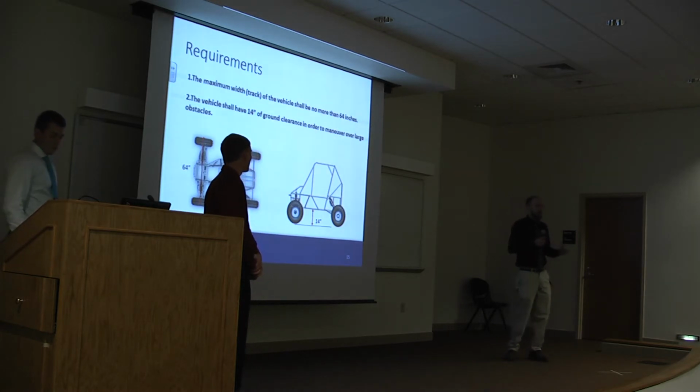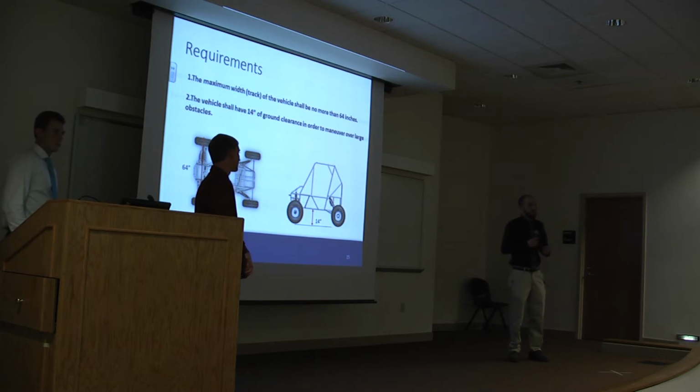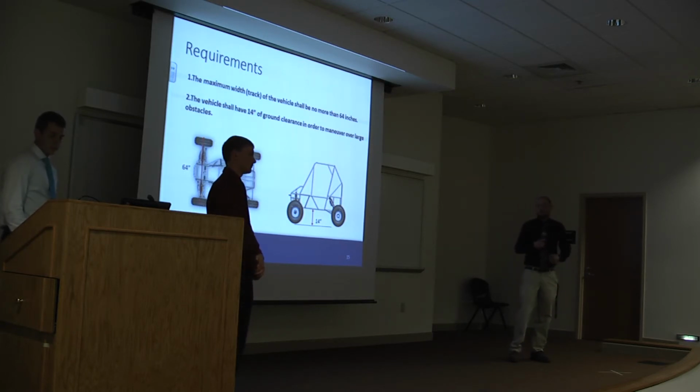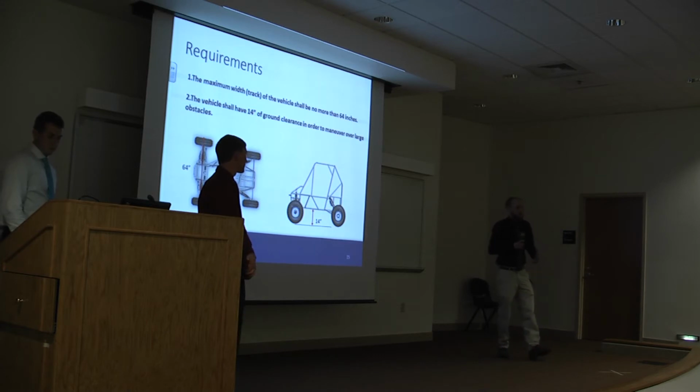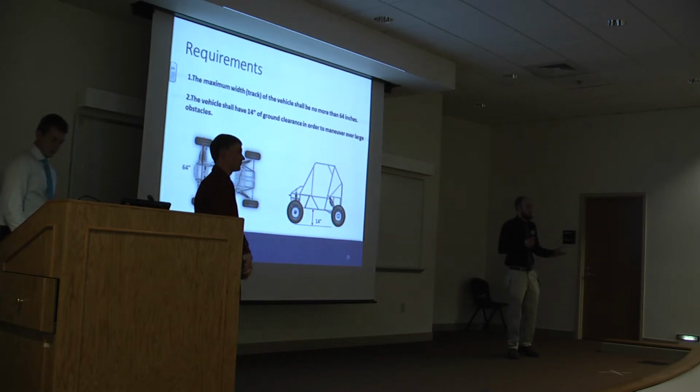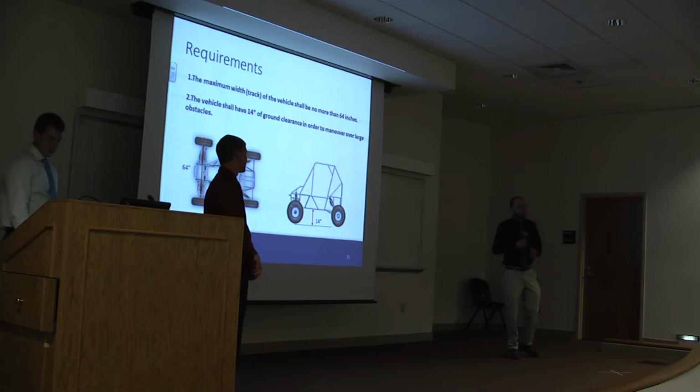So our requirements for this design. One, the very first requirement was set forth by Baja SAE, and is that the vehicle can't be wider than 64 inches. The second requirement we put forth, so that we could navigate over the top of bigger obstacles, is to have a ground clearance of 14 inches or more.